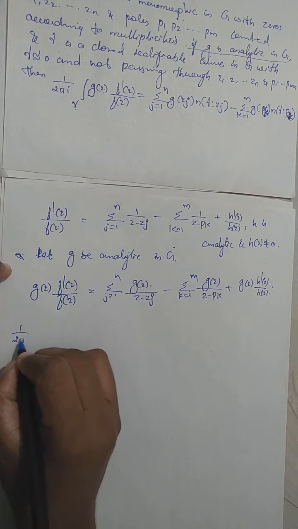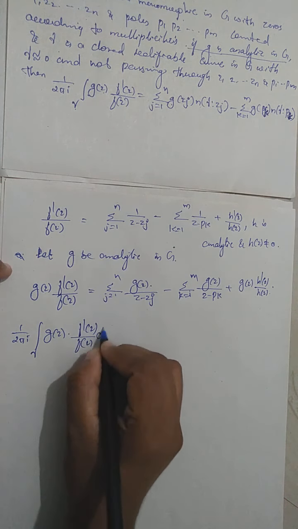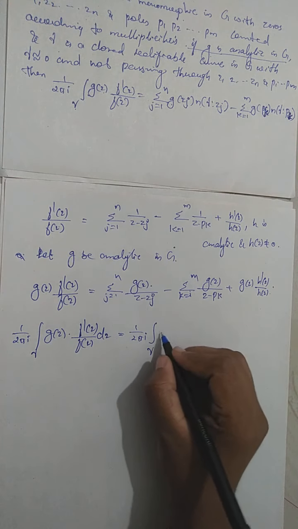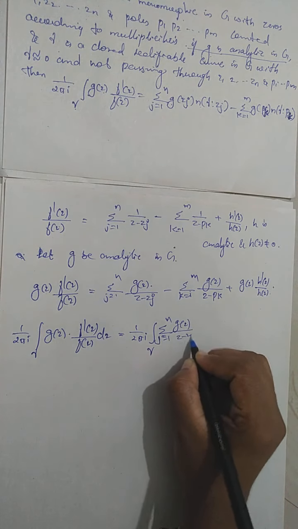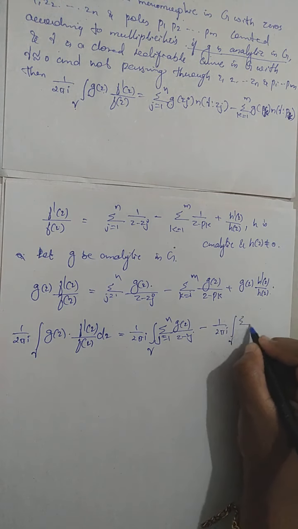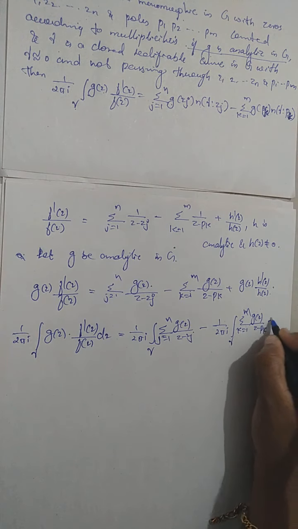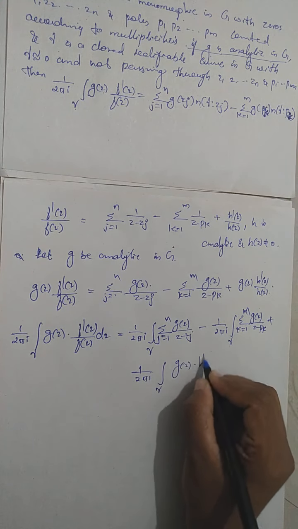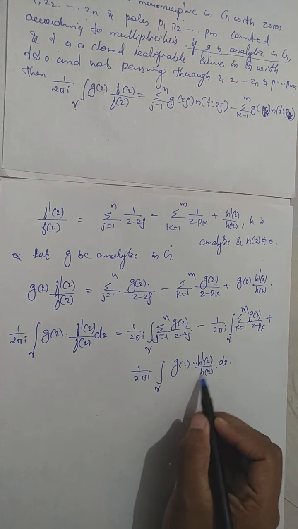Then 1 by 2 pi i integral over gamma g(z) f'(z) divided by f(z) dz will be equal to 1 by 2 pi i integral over gamma sigma j equal to 1 to n g(z) divided by z minus zj minus 1 by 2 pi i integral over gamma sigma k equal to 1 to m g(z) divided by z minus pk plus 1 by 2 pi i integral over gamma g(z) h'(z) divided by h(z) dz.